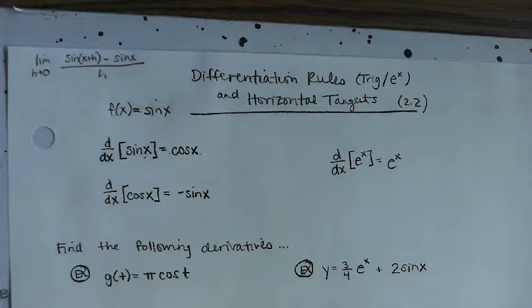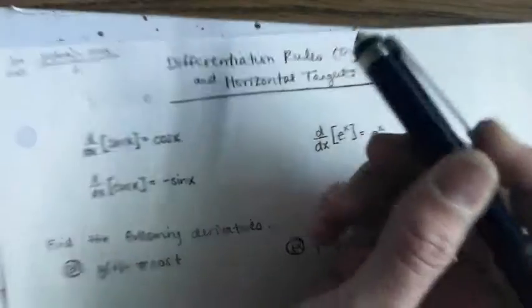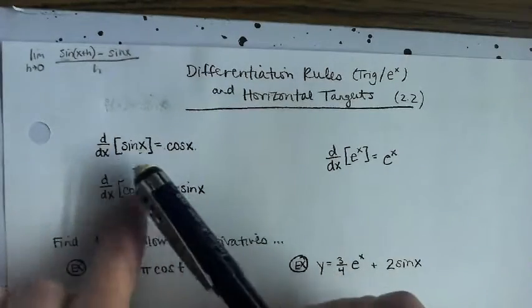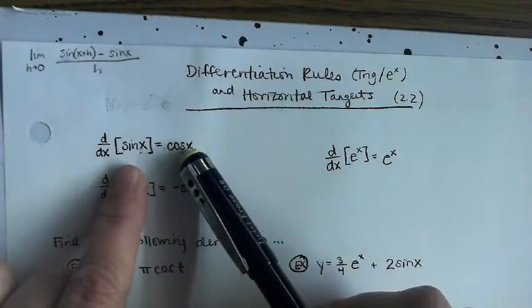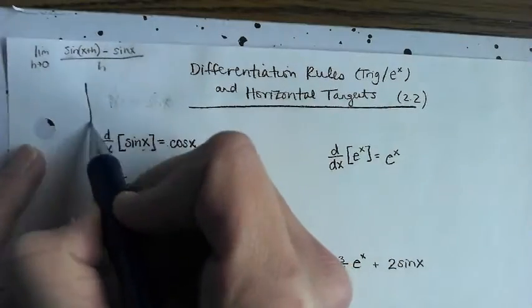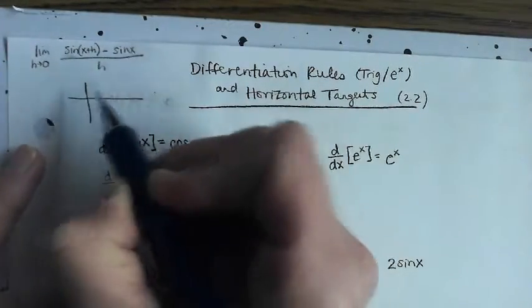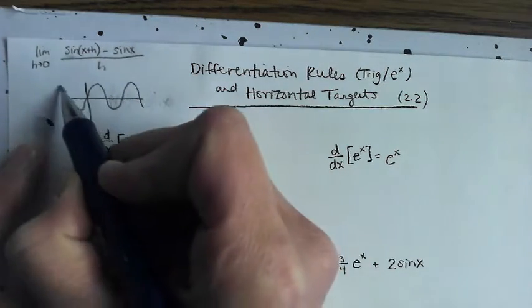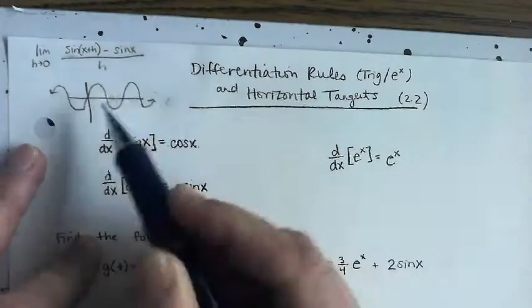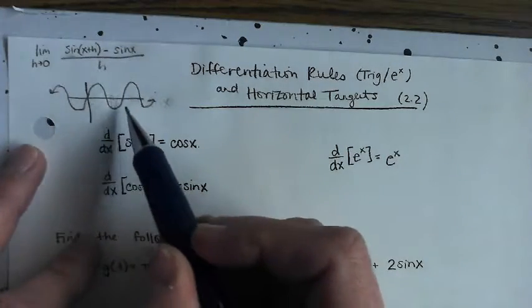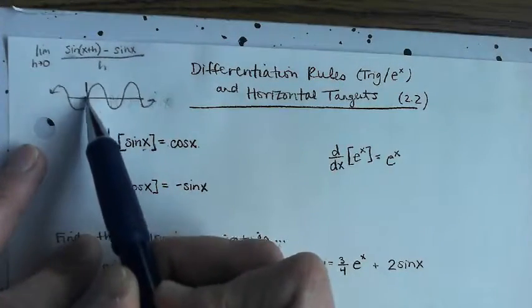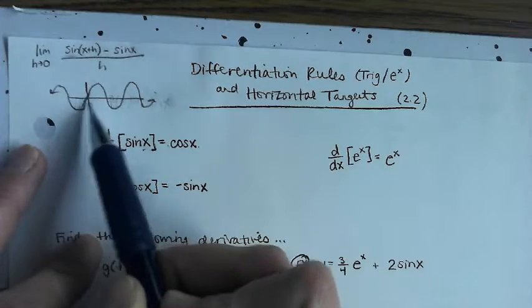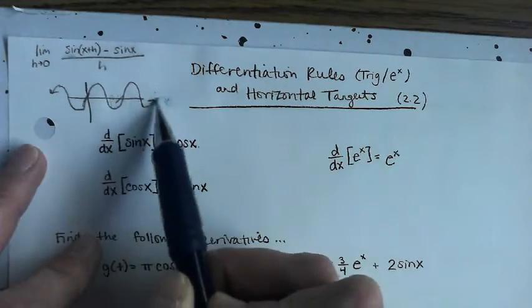So with trig, we have some special rules here, and we start with the derivative of sine is cosine. That should make sense in some regard, because if you're looking at your sine graph, the slope of it is going to be cyclical as well. The slope is probably 1 here, and then it will be 1 again, and then 1 again.